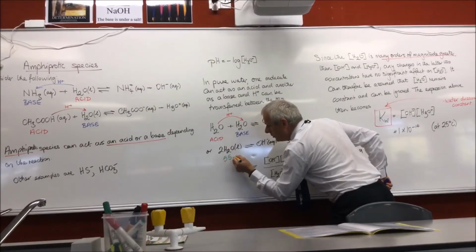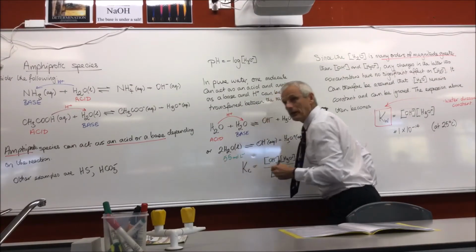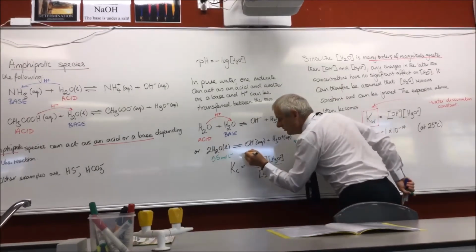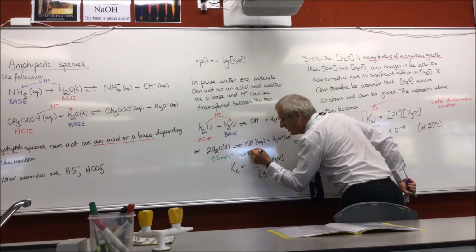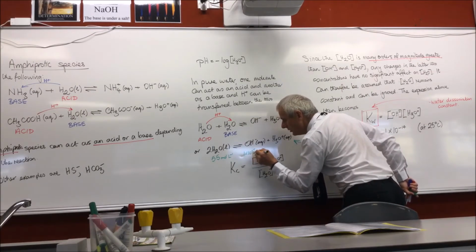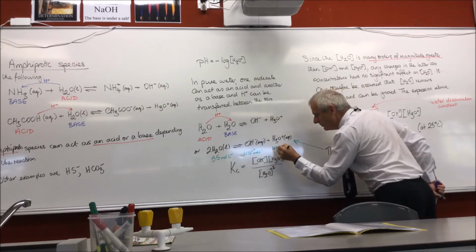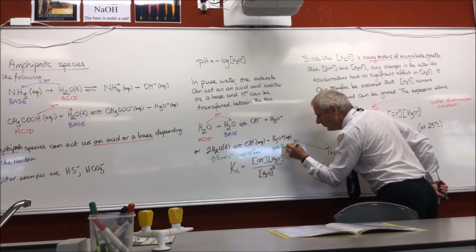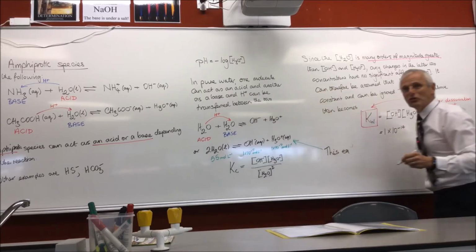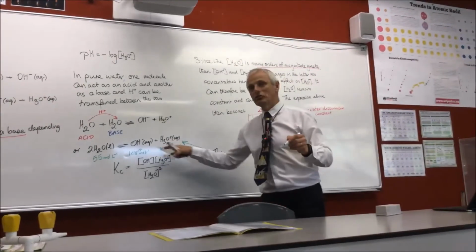This is 55 mole per litre in pure water. This would be 1 times 10 to the minus 7 mole per litre, and this would be 1 times 10 to the minus 7 mole per litre, because this is pure water, there's nothing else there to affect it, so these two concentrations will be the same.